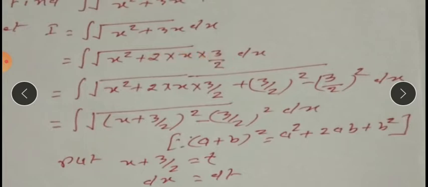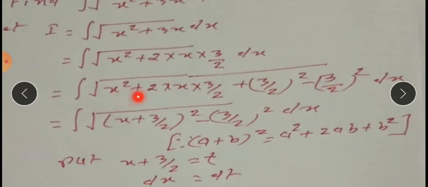Means we can understand this is a square plus 2a and this is b. 3 by 2 is b. That's why a square plus 2ab plus b square, that is 3 by 2 whole square, minus b square, that is 3 by 2 whole square.